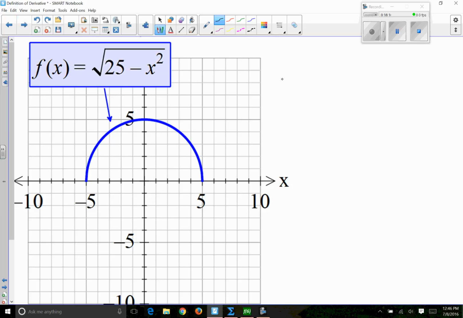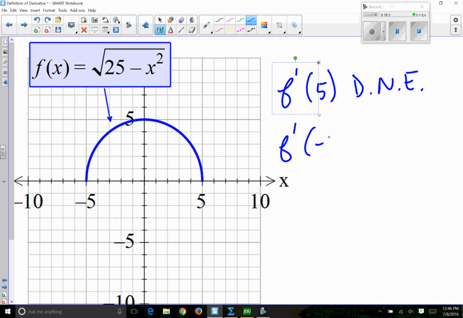And for this function, which is a semicircle, f prime of 5 does not exist. And f prime of -5 also does not exist. They're both because if we were to draw a tangent line at x equals 5, it would have to be a vertical tangent line. Same at -5.